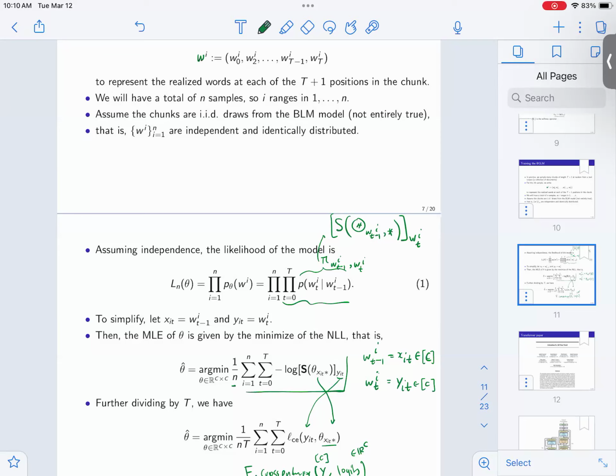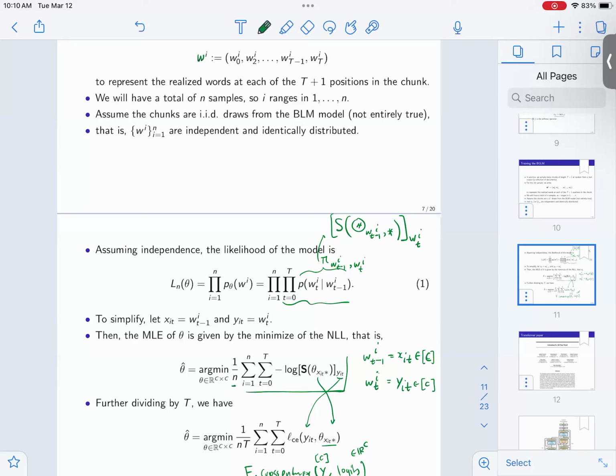This is also called pseudo likelihood, if you remember. You're treating this as a likelihood, but it's not really the likelihood; you're approximating it with these chunks being IID. That is my assumption. And the next is the bigram model, so each one of these chunks will be factorized as this Markov process.